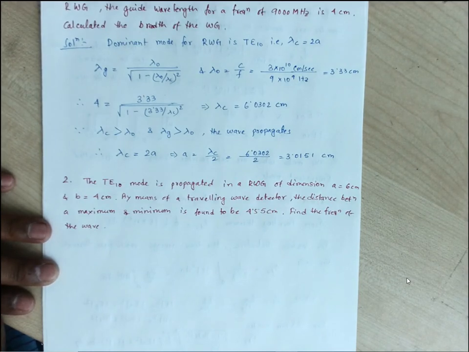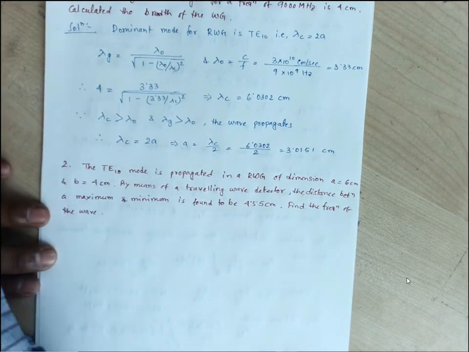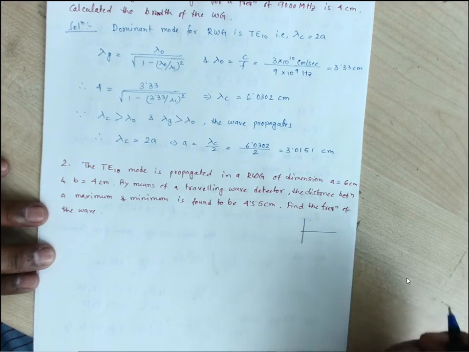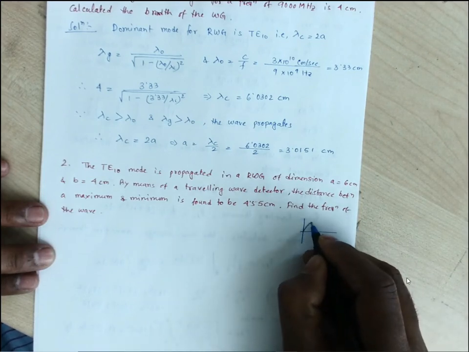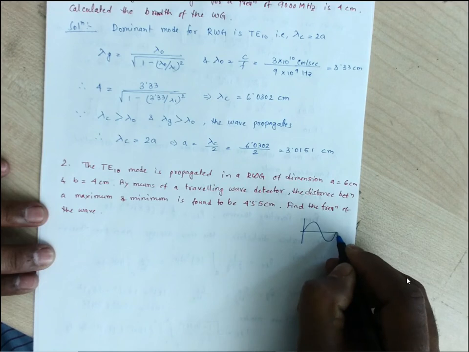What this is, they found the distance between the maxima and a minimum inside the waveguide. Okay, so you just think of when we can have a minima and a maxima, for let us consider a sinusoidal wave, starting from 0, a single cycle like this.